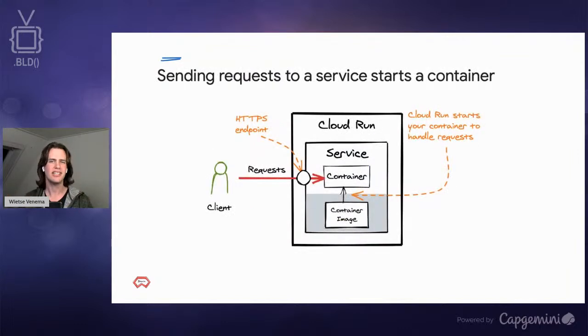And the second thing to know is that every service has a public unique HTTPS endpoint, which is managed by Cloud Run. And Cloud Run receives incoming requests to that public HTTPS endpoint. To handle the requests, Cloud Run starts your container image on demand. And then it also makes sure to handle all incoming requests by starting more than one container if that's necessary. That's a feature called auto-scaling, and I will come back to that later in this session.